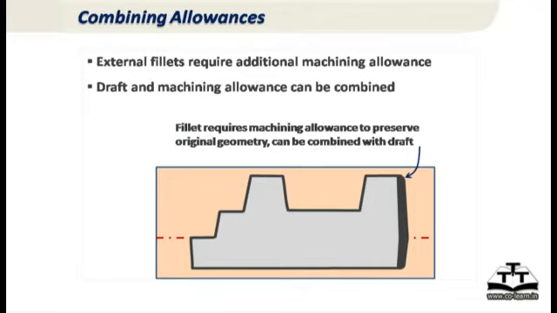And let's say a fillet also is there. You can't put a fillet unless you put a machining allowance, because even a fillet changes the original part geometry, and if your OEM is very particular about that, a fillet has to be applied with a machining allowance if he is very particular about it. Okay, so you can always combine intelligently in collaboration with your part designer.